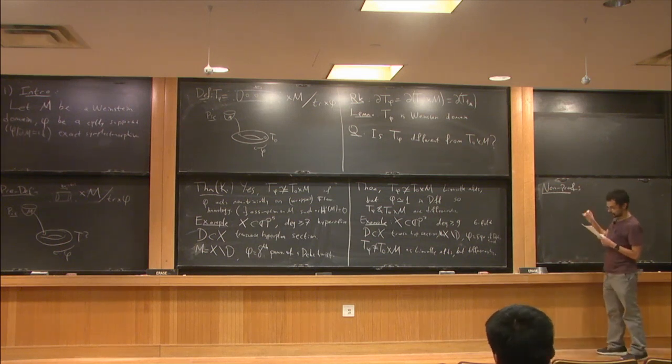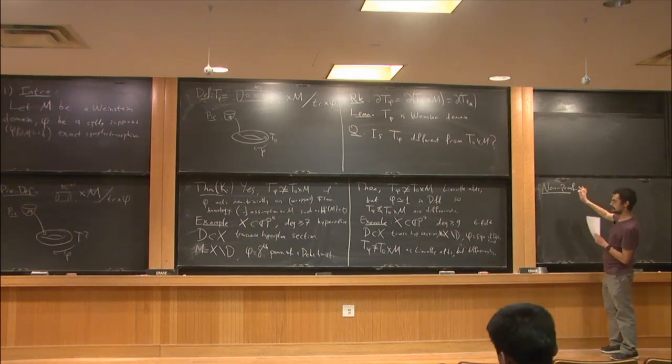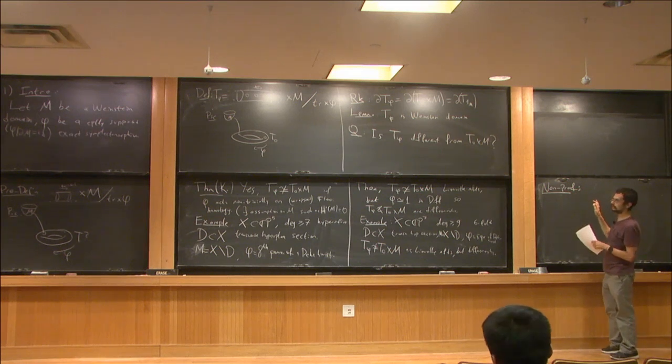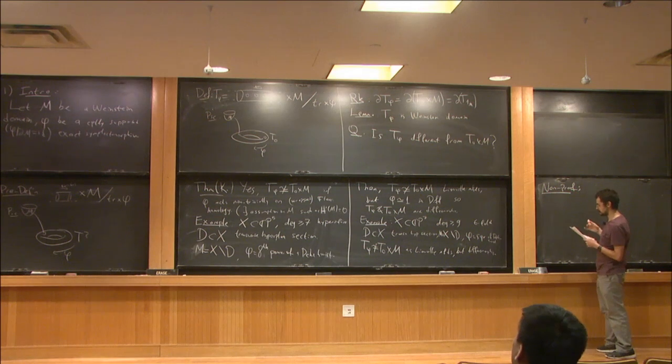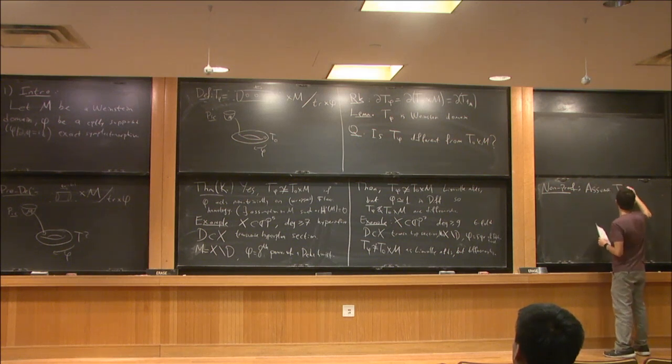Okay, let me give a non-proof. This idea doesn't quite work, but it will at least illustrate the main geometric idea behind all the algebra that's coming soon. So assume they are the same.